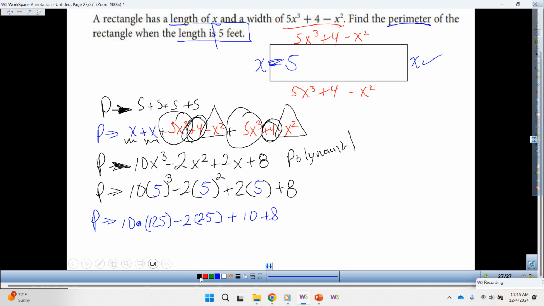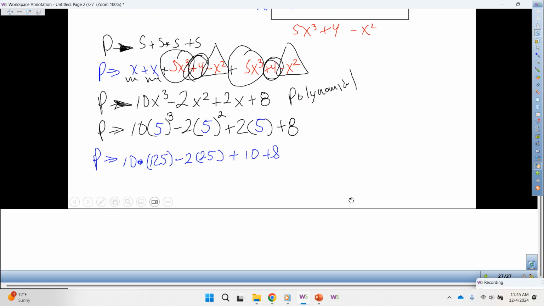All right. We're getting there. Perimeter, 10 times 125 is 1,250, minus 2 times 25 is 50, plus 10 plus 8 is 18.